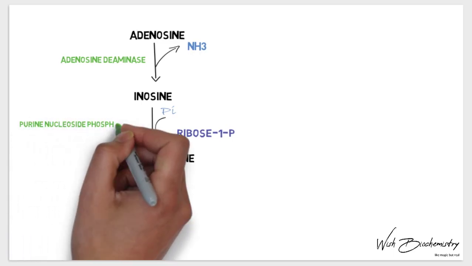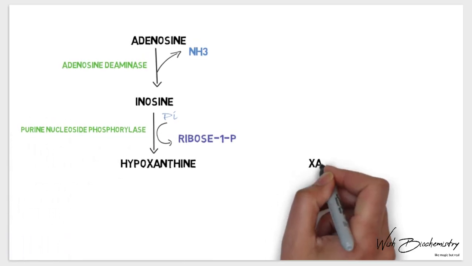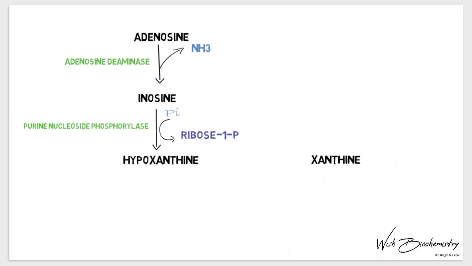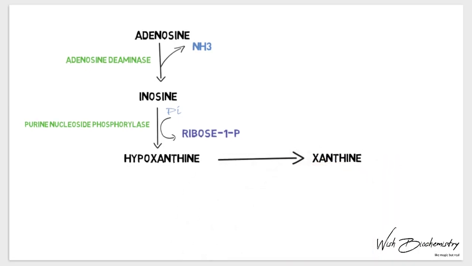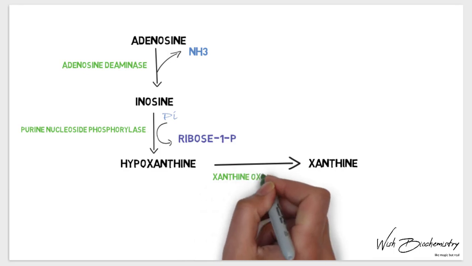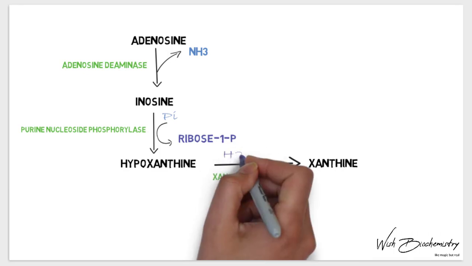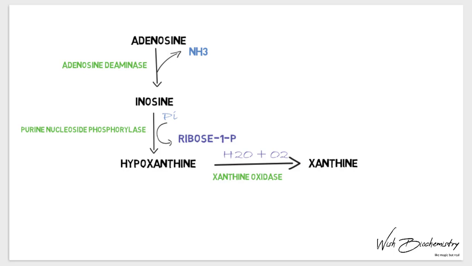This hypoxanthine is converted into xanthine by the enzyme xanthine oxidase. During this reaction, toxic hydrogen peroxide is also formed.